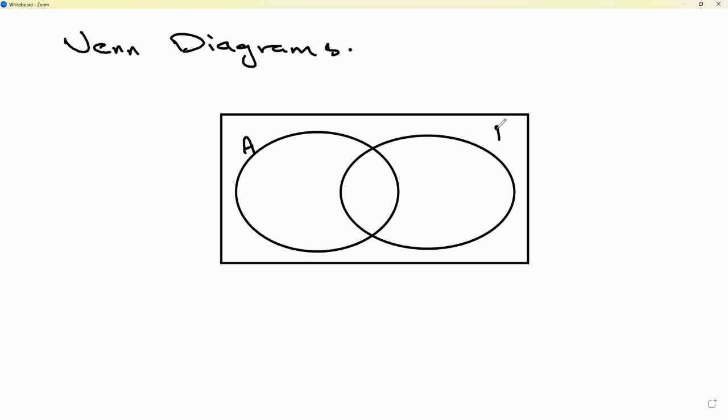So I've got A over here, and I've got B over here, and I've got some kind of double counting happening over there. The first thing we have to also understand is that this region over here is known as the probability of A and B. And that's also known as the intersection of the two.